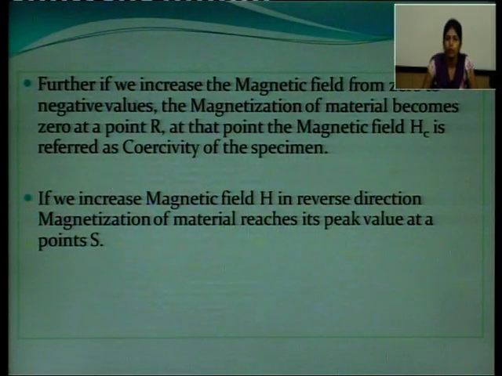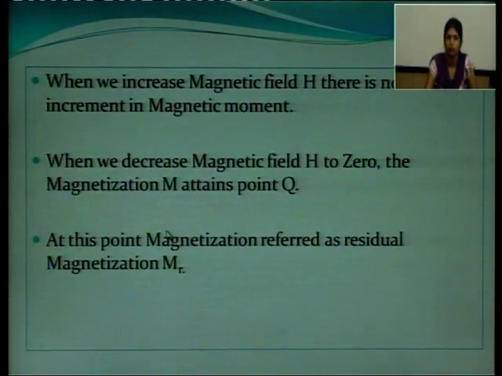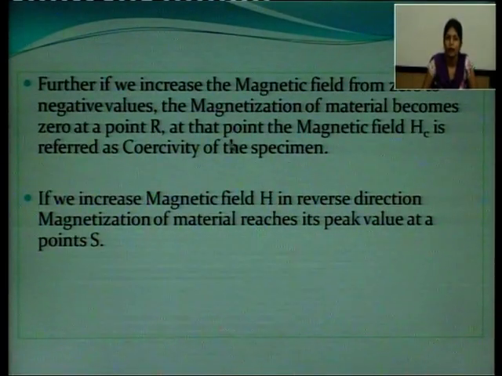Further, if we increase the magnetic field from 0 to negative values, the magnetization of the material becomes 0 at a point R. At that point, the magnetic field at C is referred to as the coercivity of the specimen.